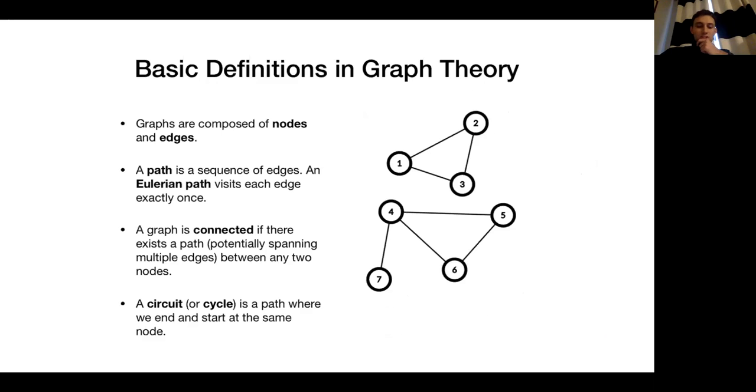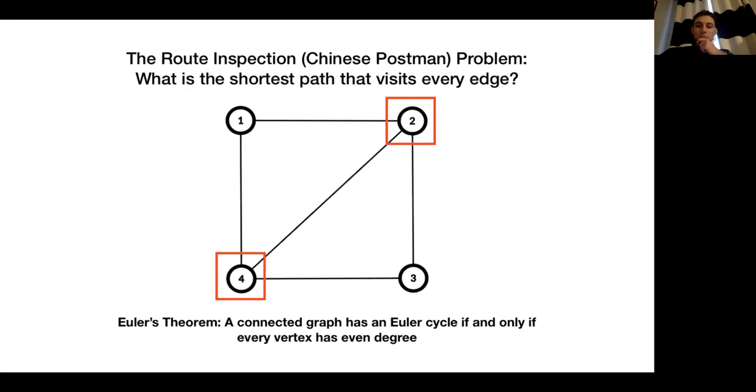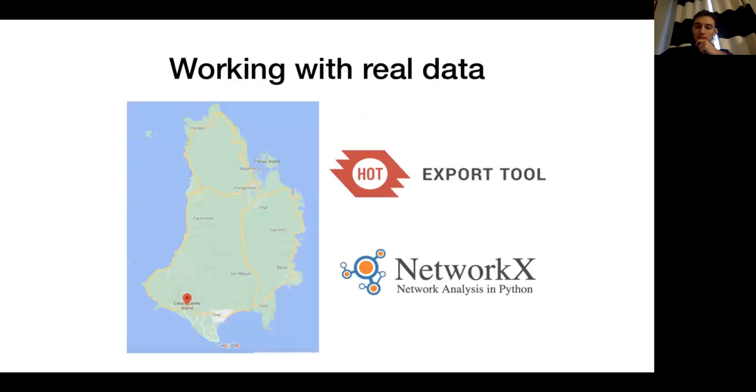Yeah, that's a great question. So as I mentioned, we've been using the HOT Export Tool to get our PBF files. You would need some way to get a PBF file, and I'm not sure how quickly those are updated. I imagine they're just not updated in time for a disaster response.